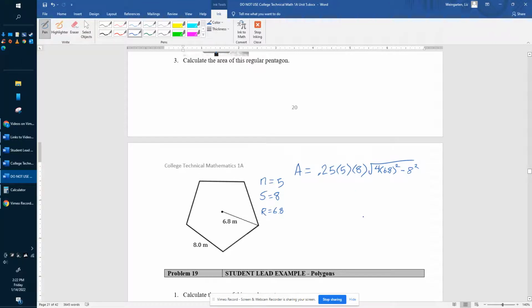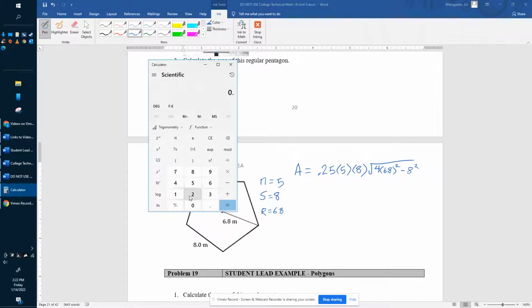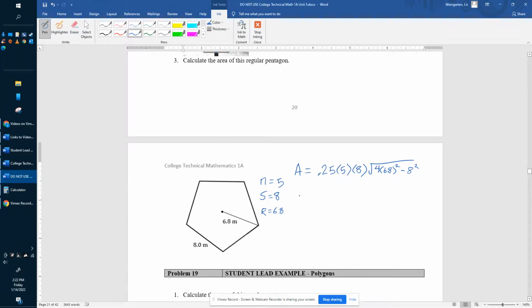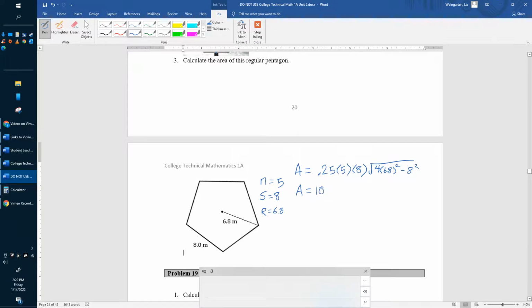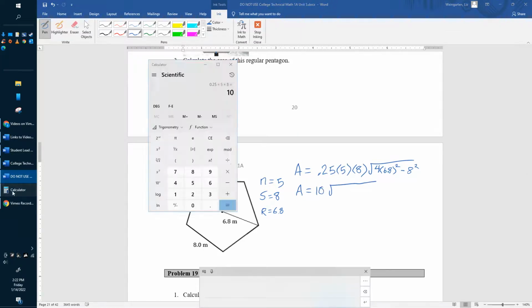All right, let's do this. Let's do what's on the outside first. We have 0.25 times 5 times 8 equals 10. So A equals 10 times this ugliness that's inside the square root. So let's figure out what that is.